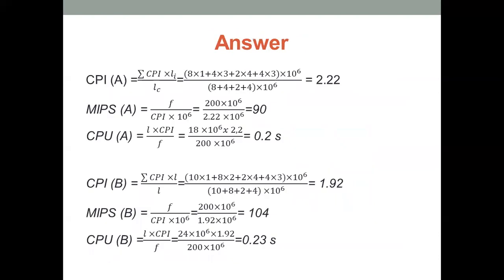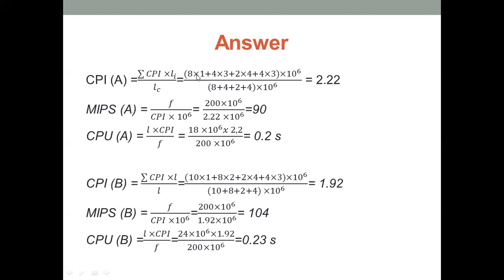So using this formula, we can determine the effective value of CPI, MIPS, and CPU time for each machine. Here, sigma of CPI multiplied by Ii and divided by IC.